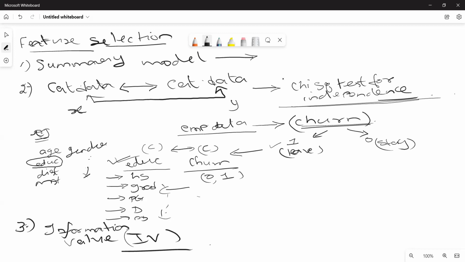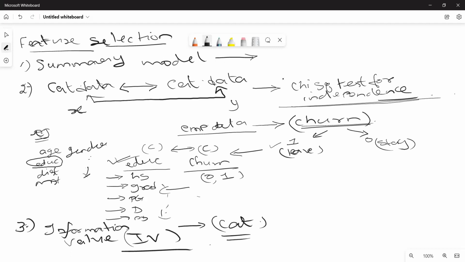IV is again used only for the categorical data. It is simply a count of all the categories, and it applies some log functions on it to find out the importance of that particular category with respect to the Y variable. So I'll share that formula with you.